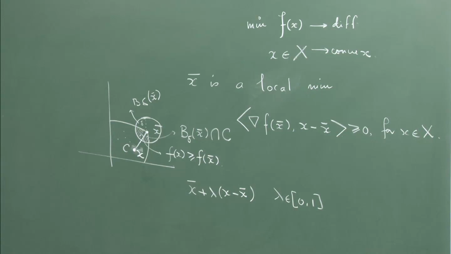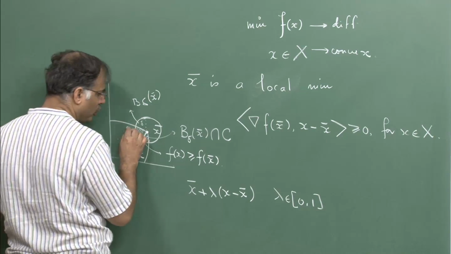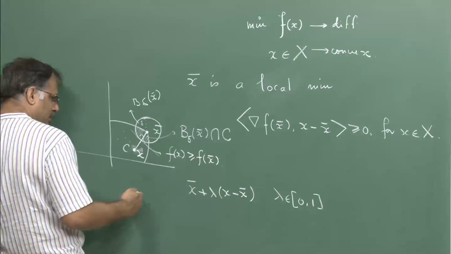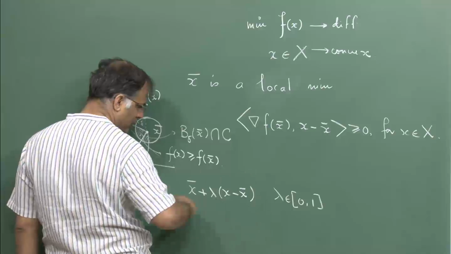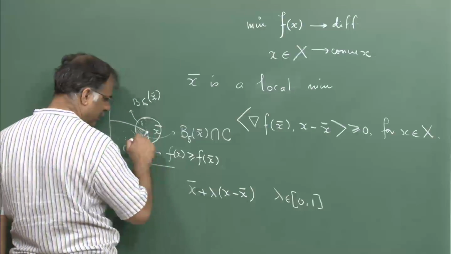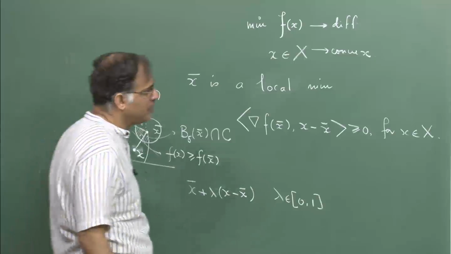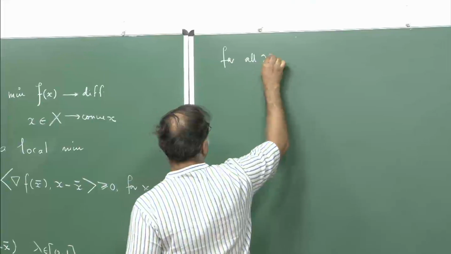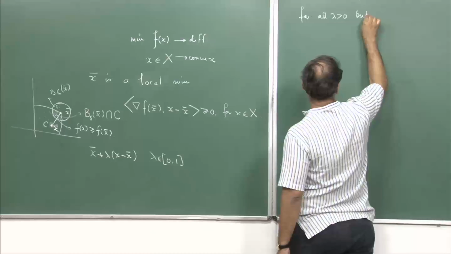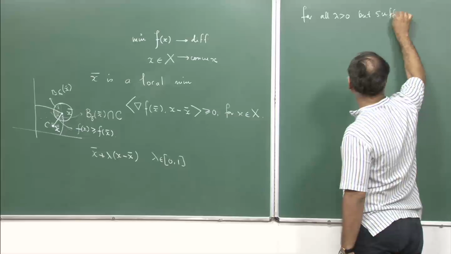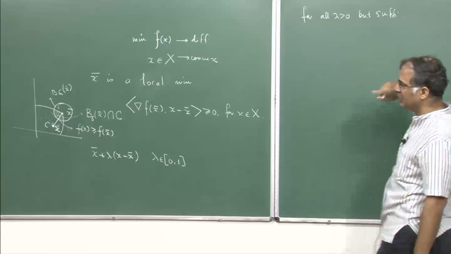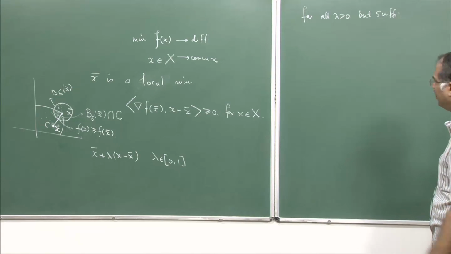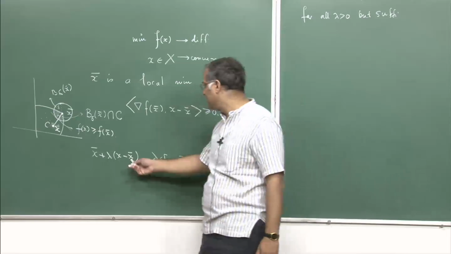So, now if that is the case, then there will be a threshold value of lambda, beyond which all these vectors would lie in this domain. That is for all lambda greater than 0, but sufficiently small. This is a standard way of writing what I have just told, or you can write that there exists a lambda naught such that for all lambda strictly bigger than 0, but strictly less than lambda naught, such a thing will happen, this will be inside this.